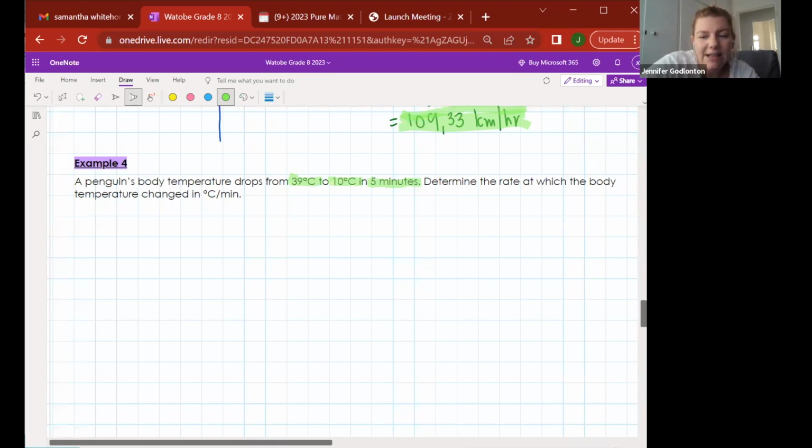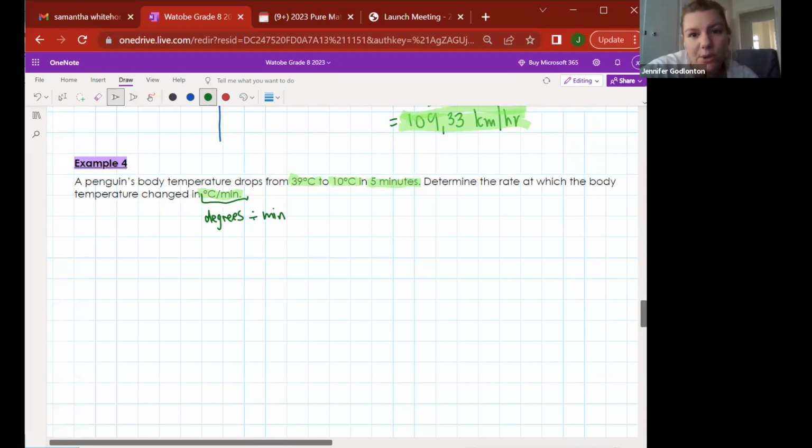Determine the rate at which the body temperature changed in degrees per minute. Now this is our key. That's telling us what it wants. It wants us to take our degrees and divide it by the minute. So we want to get our minutes to be 1, basically.